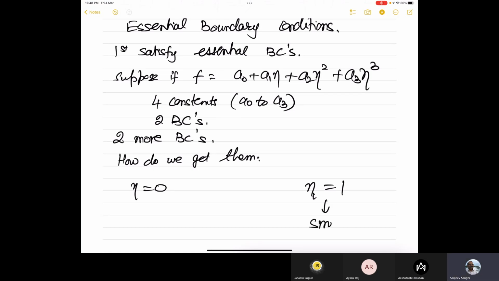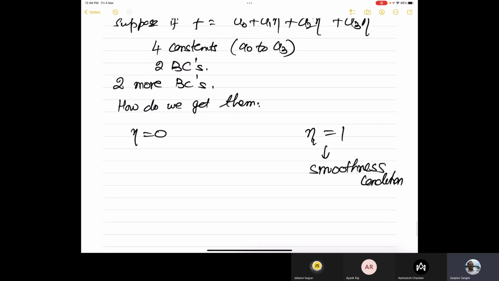Eta equal to 1 will give us what we call the smoothness condition. At eta equal to 1, du by dy, d2u by dy square, and all higher derivatives must be equal to 0.